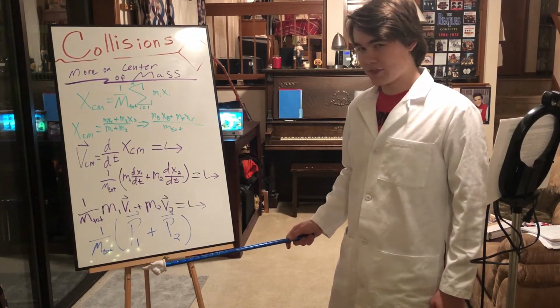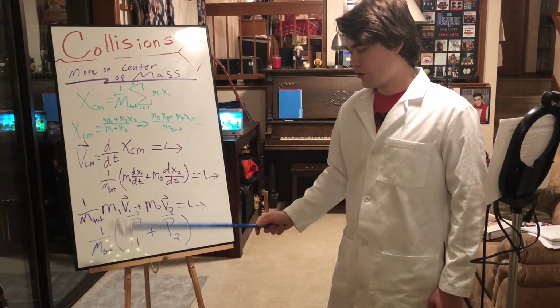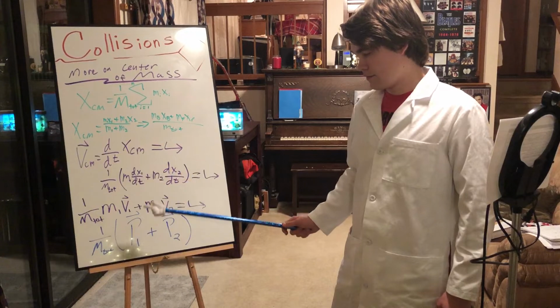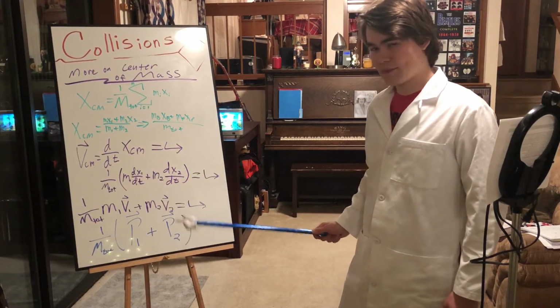So the center of mass velocity will be given by 1 over the total mass multiplied by the momentum of object 1 plus the momentum of object 2.